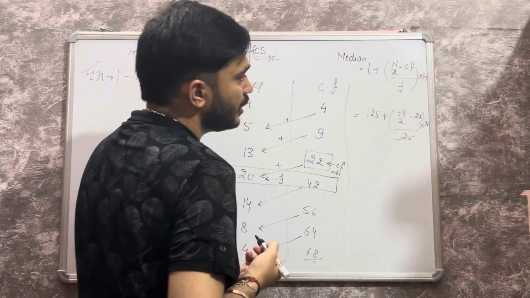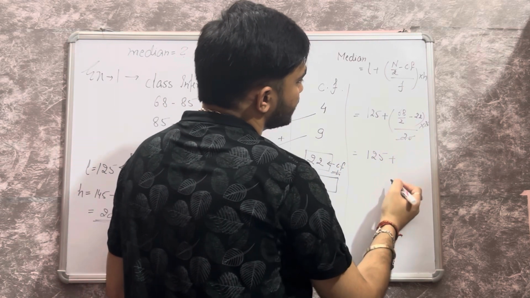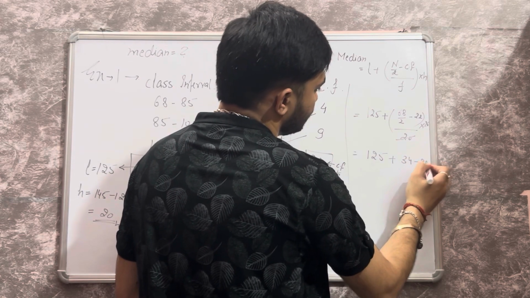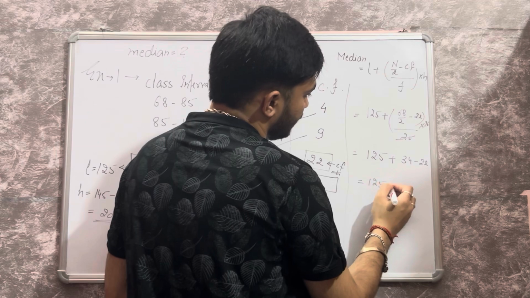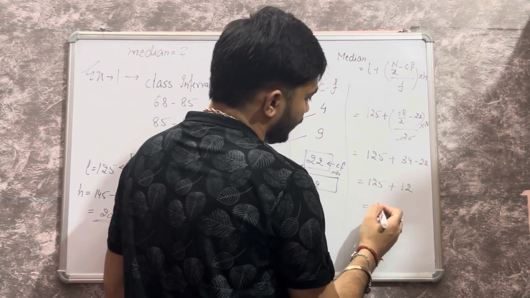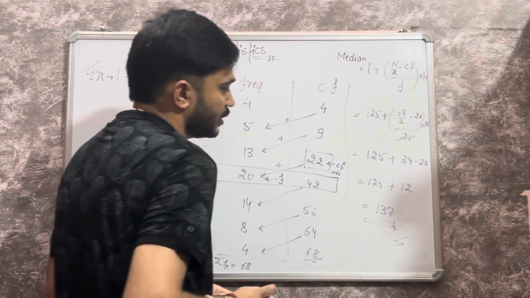The 20s cancel out and you get 125 plus 34 minus 22, which is 12, and you will get the answer 137 as your median. Any doubt?